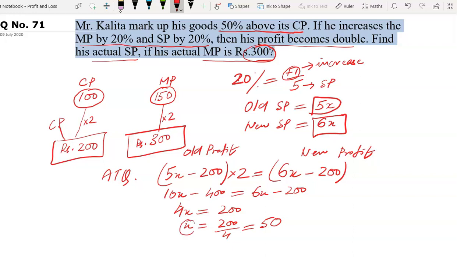We need to find his actual SP. His actual SP is how much? Old SP is 5x, where x represents 50. So our SP will be 5x, which is 5 into 50. This is rupees 250. So this is our answer.